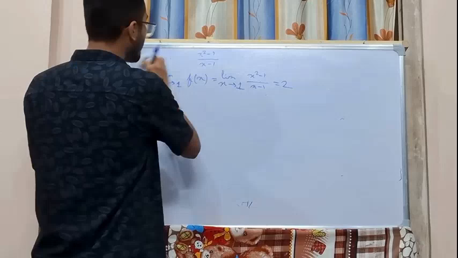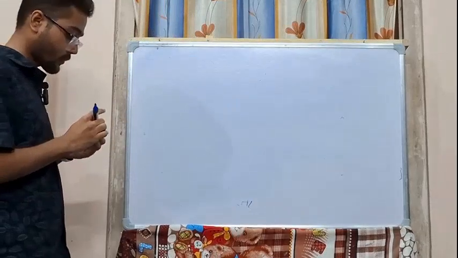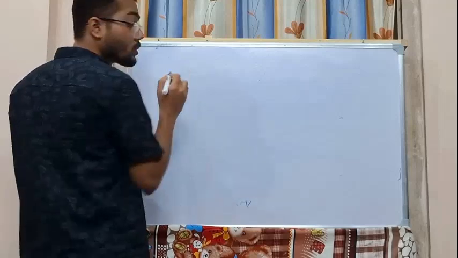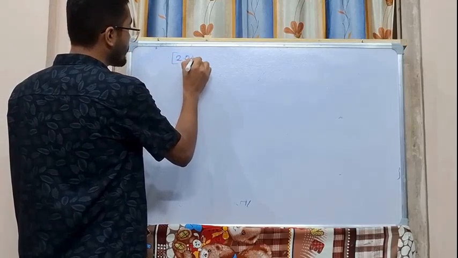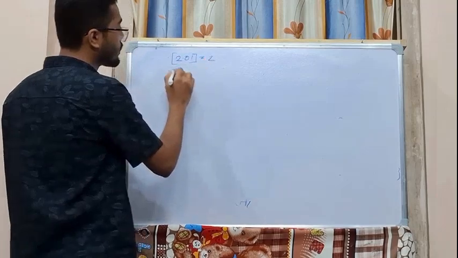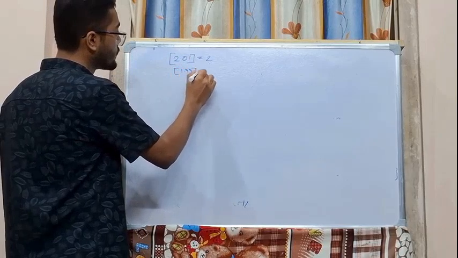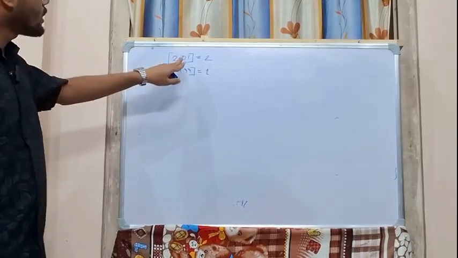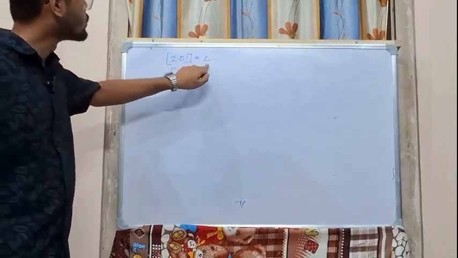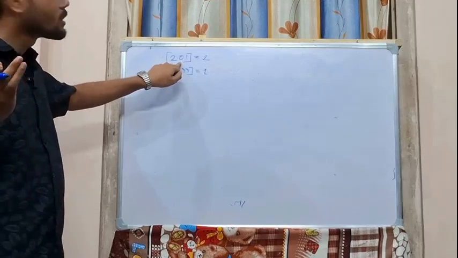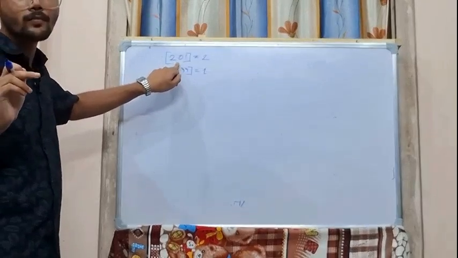Mind it. Now let us consider another function, the greatest integer function. What is this? We know what the greatest integer function is. For this it will be 2. For this it will be 1. Why? When we have to find the greatest integer function, the value will equal the nearest lower integer of the value, right?